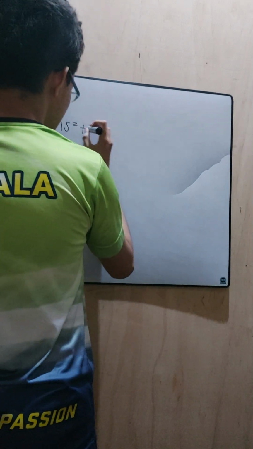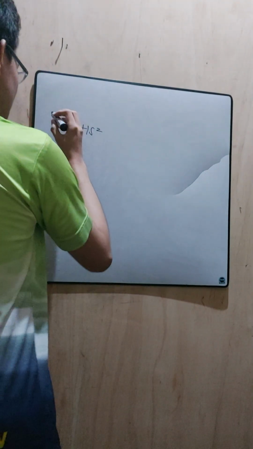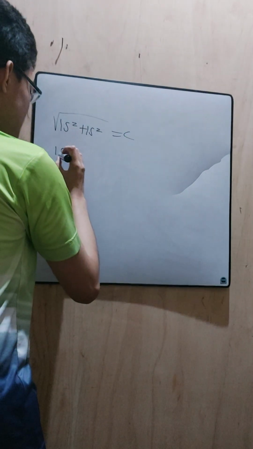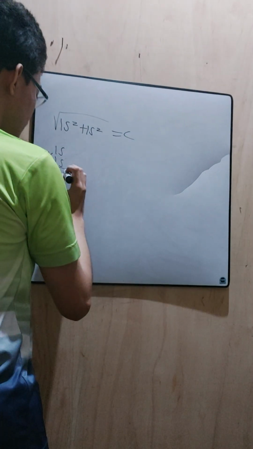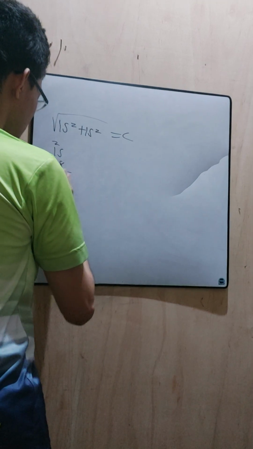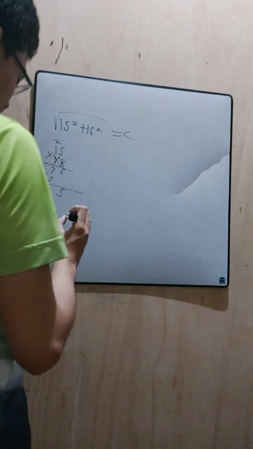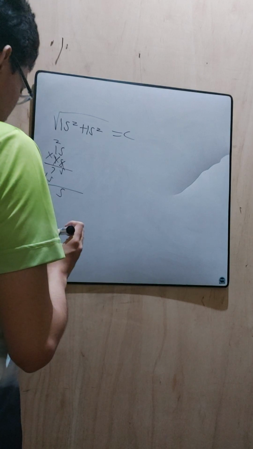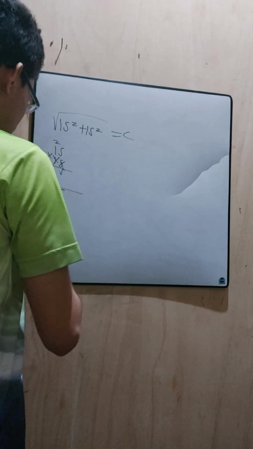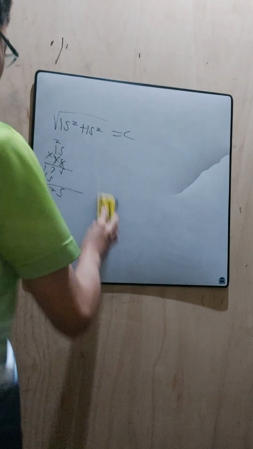15 squared plus 15 squared. Get the hypotenuse. Alright? C is equal to the square root of 15 squared plus 15 squared. 15 squared is 225.